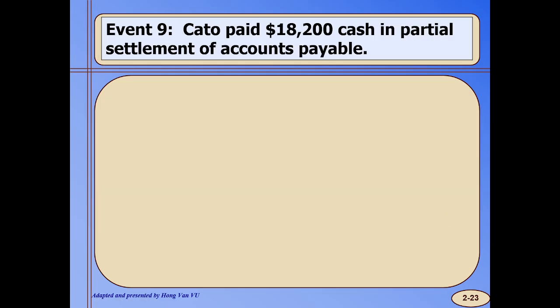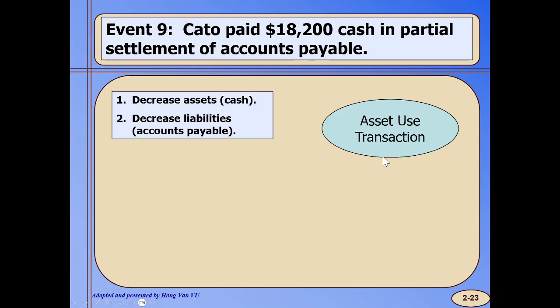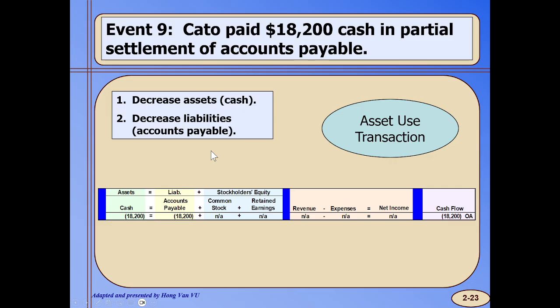Transaction number 9, the company paid 18,200 cash in partial settlement of accounts payable. This transaction decreases the cash asset account and decreases the liability accounts payable for the same amount of 18,200.